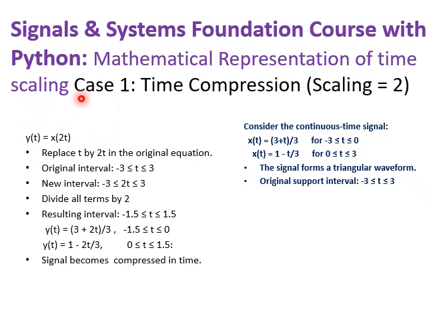Before doing that, let's first consider what our signal x of t is. The graph I showed you, if I write it mathematically, then x of t equals 3 plus t divided by 3 for the interval -3 to 0, and x of t equals 1 minus t by 3 for the interval 0 to 3.